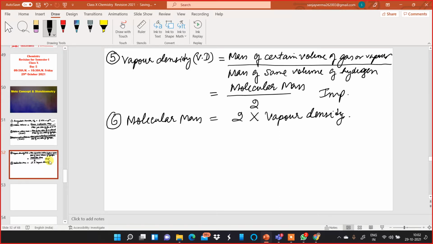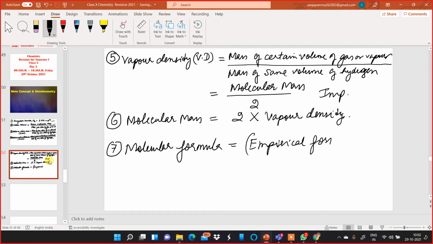Then number 7: molecular formula is equal to empirical formula, in brackets, and n over here. This n is a factor which will be used in the calculations.